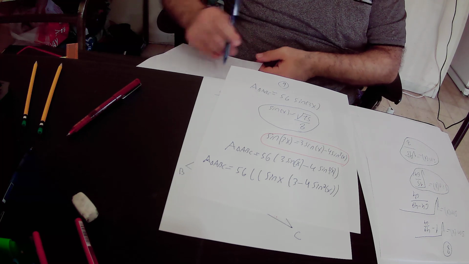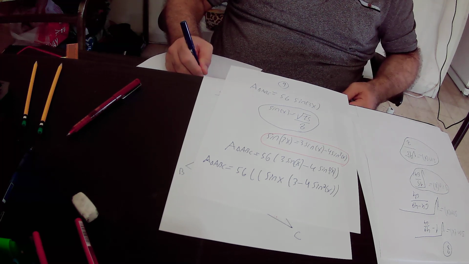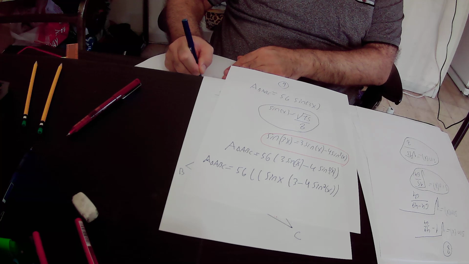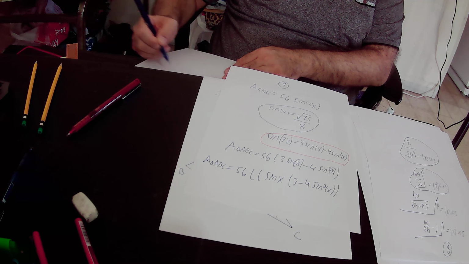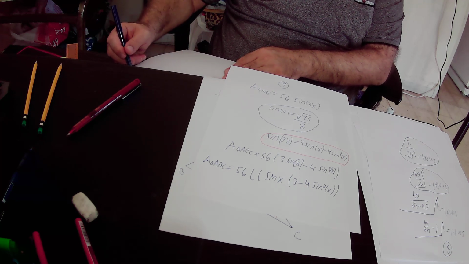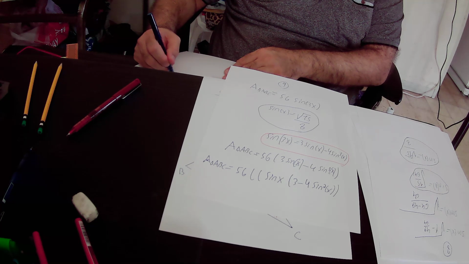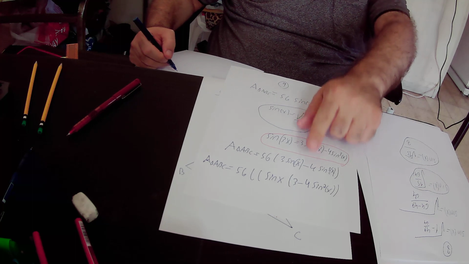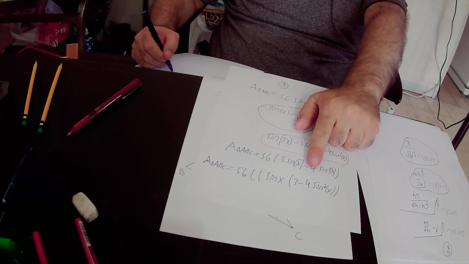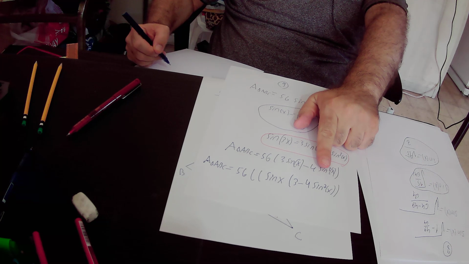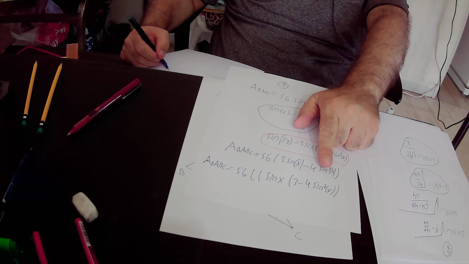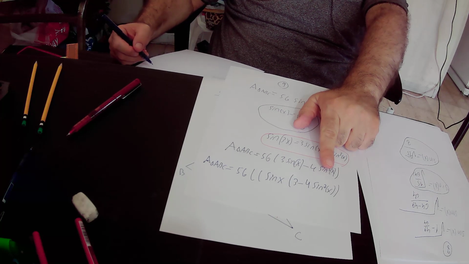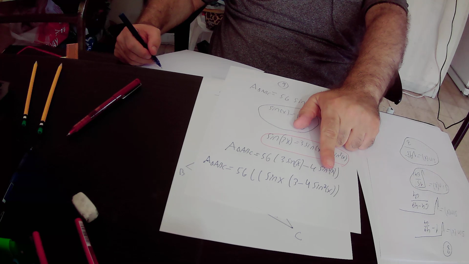We will get that the area of triangle ABC equals 56 times sine x. Sine x is root 15 over 8. In the brackets we have 3 minus 4 times sine square x. Sine square x equals 15 over 64.